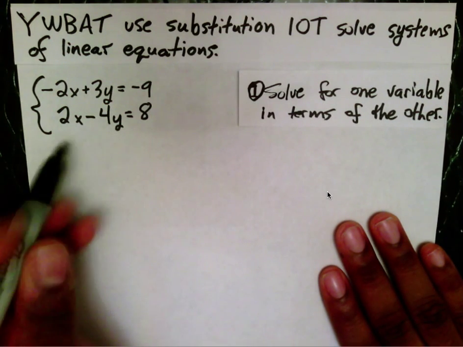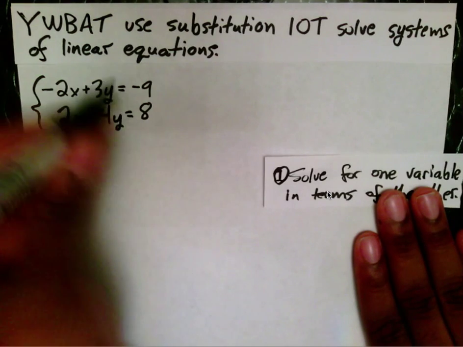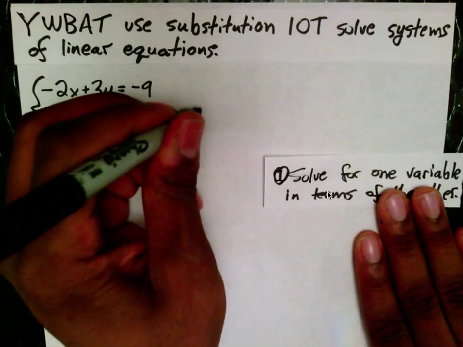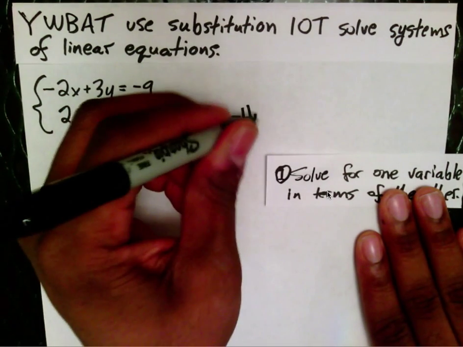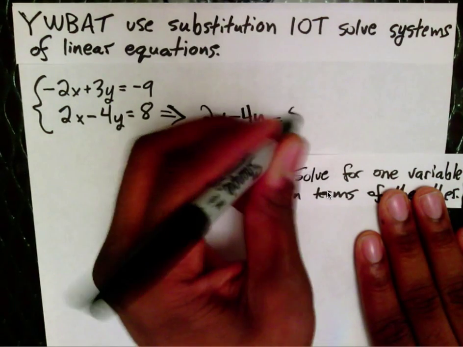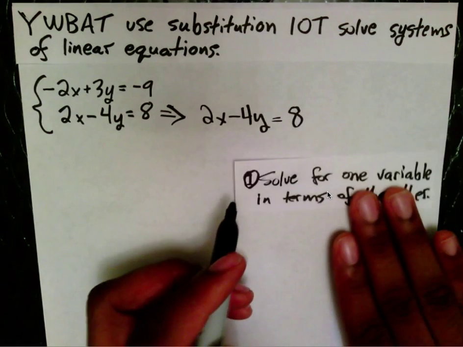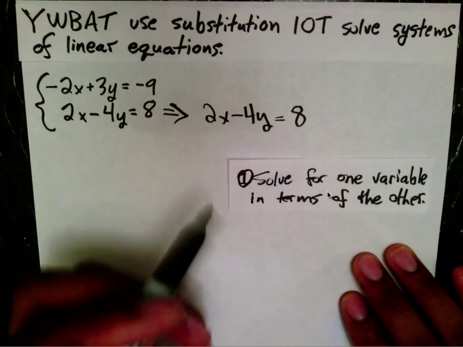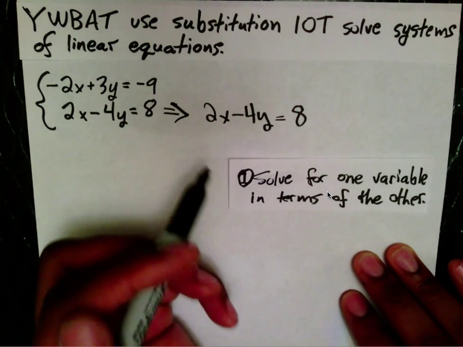So I'm going to take that second equation, 2x minus 4y equals 8, and I want to get x by itself. That's an almost arbitrary decision that I'm making based on what I think is going to be easier.